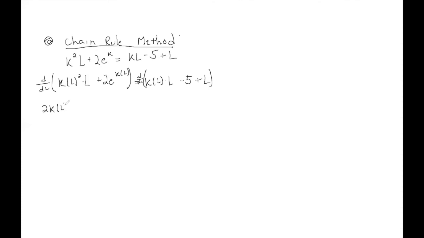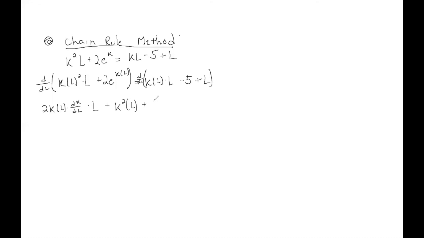Taking the derivative of the first times the second plus the derivative of the second, which is just 1, times the first. Great. And I'll write k squared of L here.